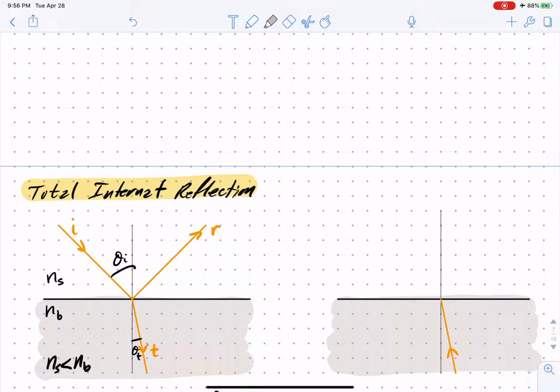Now, let's think about tracing this backwards. So suppose we saw the light coming down in this transmitted part here, and we decided, okay, let's go put a mirror there or something, or get a little laser and fire the light back at the same angle that we found it. So now this becomes the incident wave. The question is, where does it go?